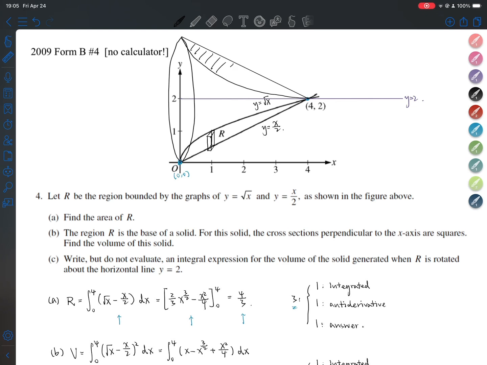So for this question, we need to use the washer method or the donut method to calculate the cross-section areas and sum those areas up from the start point or the lower bound, which is 0, to the upper bound, which is 4. So the donut method tells us to find the area of the cross-sections, and the cross-sections can be found by using the circle of the larger radius minus a circle of a smaller radius.